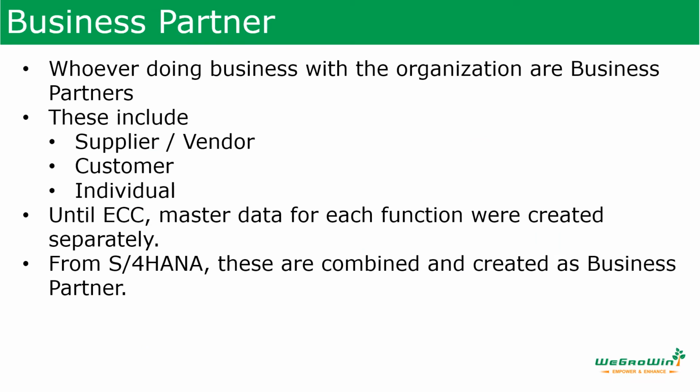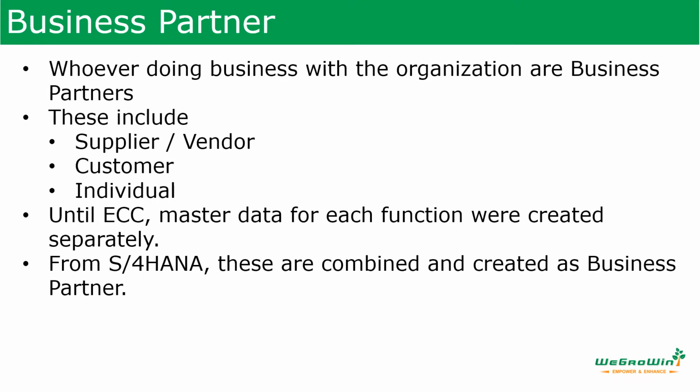Business partner. Whoever is doing business with the organization are business partners. These include the supplier or vendor, customer or any individual. Until ECC, master data for each function were created separately. In SAP S/4HANA, the business partner has become the leading object and single point of entry to maintain supplier, that is vendor, or customer master data.